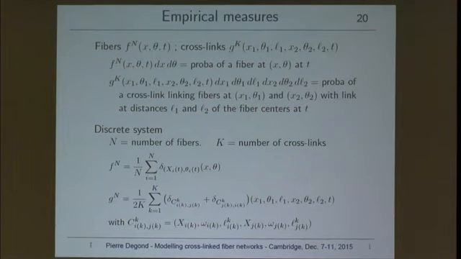And I also define an empirical measure for the crosslinks. That's going to be a function of two fibers: the location of the first fiber and the second fiber, the orientation of the first fiber and the second fiber, and also the distance where the crosslink is along the fibers, so L1 and L2.